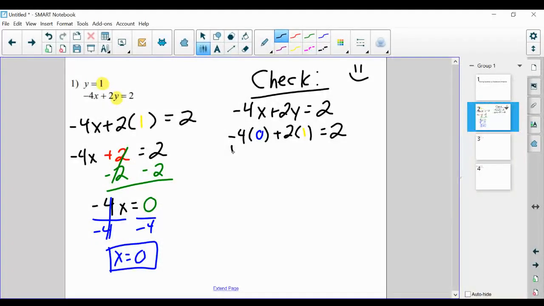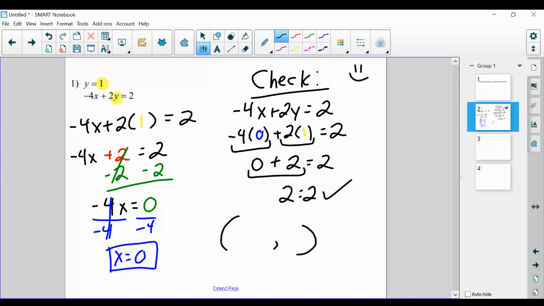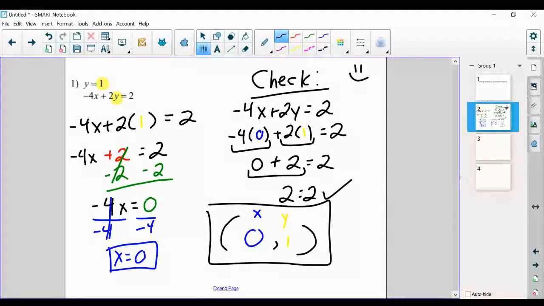Negative 4 times 0, well, that's 0. 2 times 1 is 2, and 0 plus 2 is 2. So therefore, our final answer is going to be our x comma y. The x value is 0, the y value is 1. So therefore, the solution to this system is 0, 1.